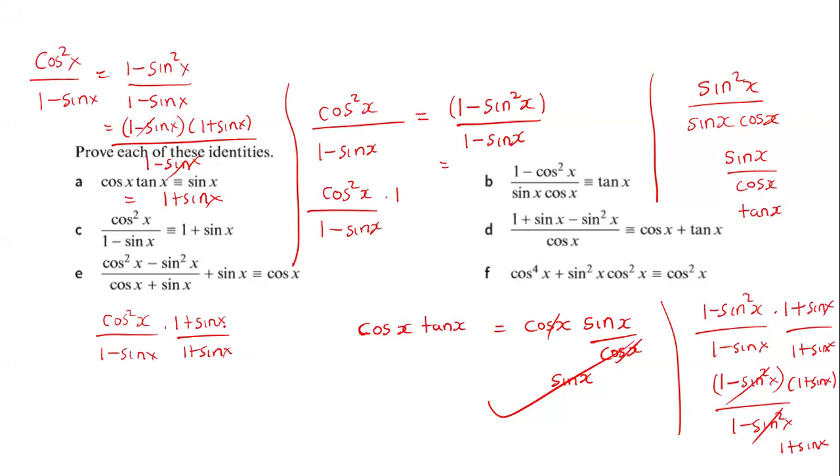Then I changed cos squared x using the identity to give me 1 minus sine squared x. So I was multiplying 1 minus sine squared x times 1 plus sine x out of 1 minus sine x times 1 plus sine x. First simplify for me what you have in the denominator.